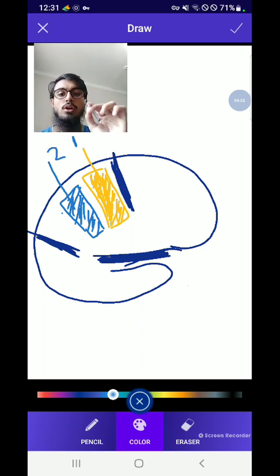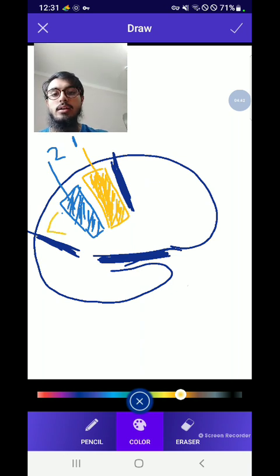Now the third area basically participates in the other lobes also. For example, I draw this area. This third area participates a little bit in the occipital, and a little bit in the temporal lobe.